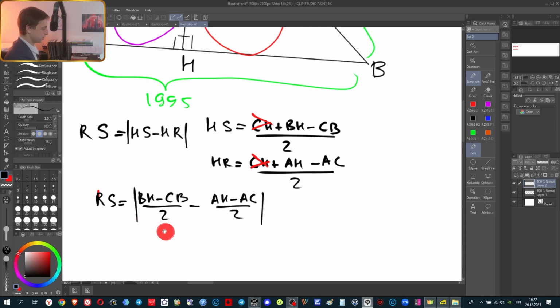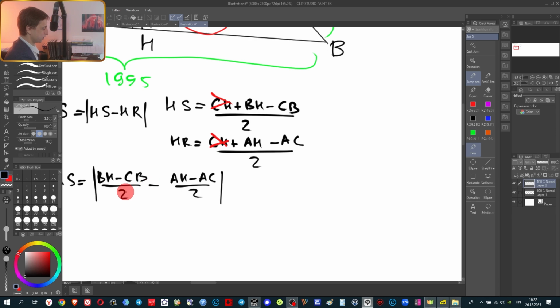And after we have a common denominator, after working with signs, we will have the difference that looks like this: BH minus AH plus AC minus CB over 2.